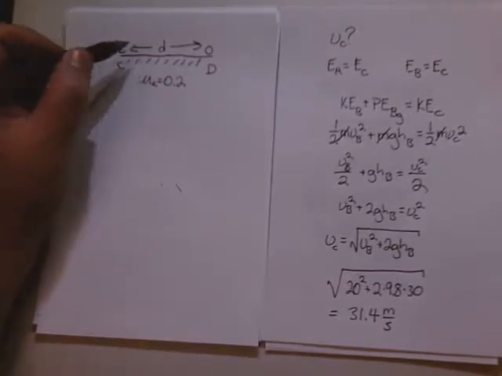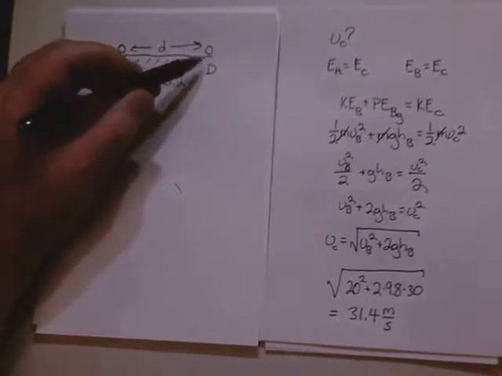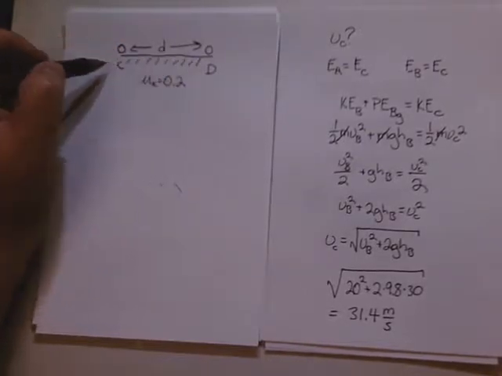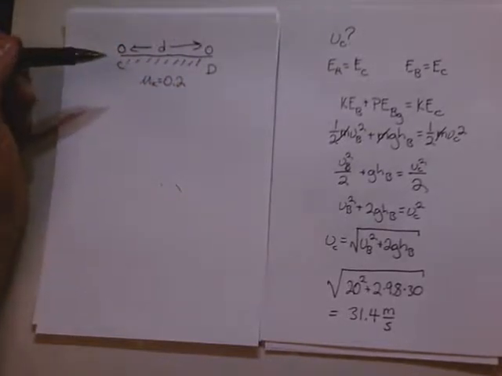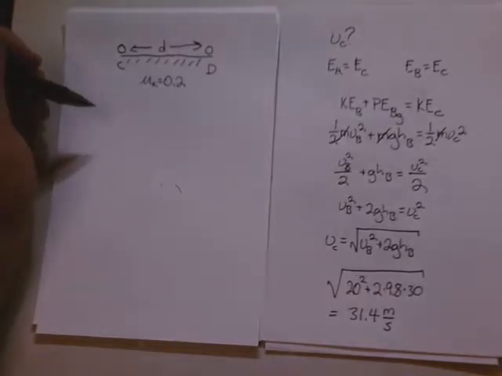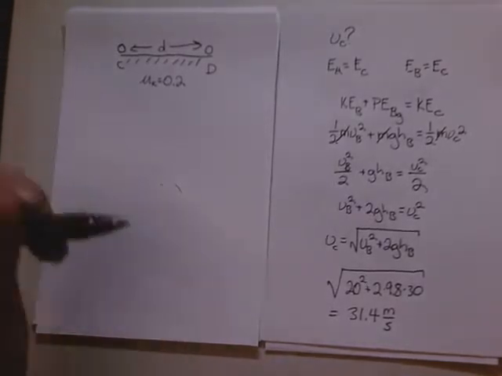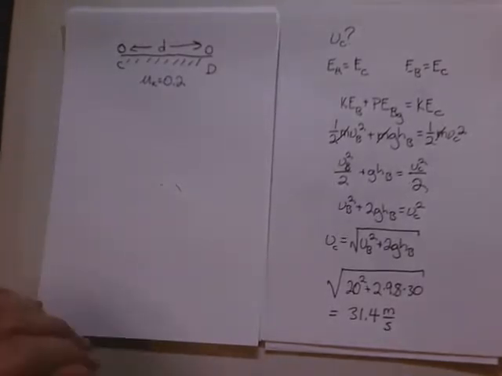The reason why I'm using C with D is because it's a level surface. I'm not going to include any mention of potential energy, because it's 0.